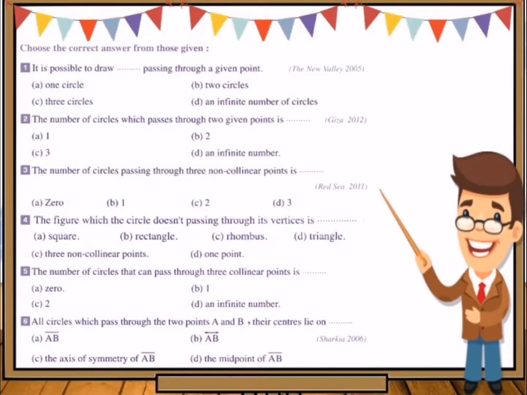Now multiple choice questions for the lesson of identifying the circle. First of all, it's possible to draw circles passing through a given point. We can draw an infinite number of circles passing through a given point.